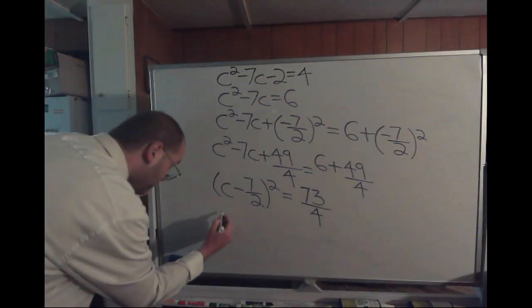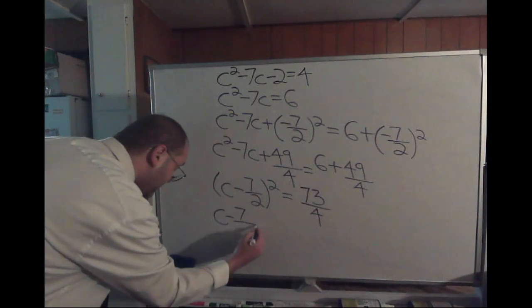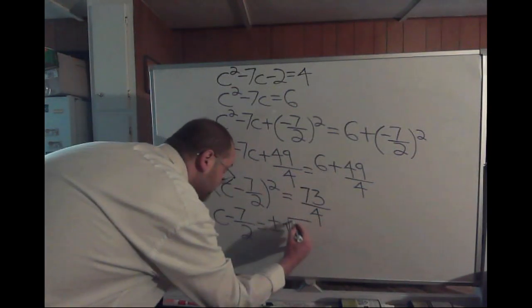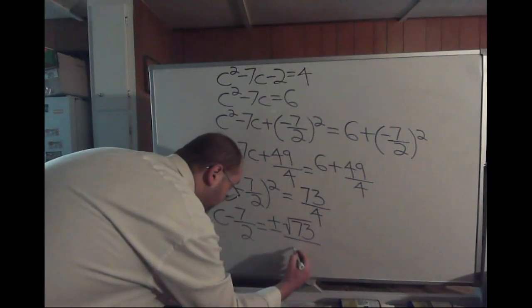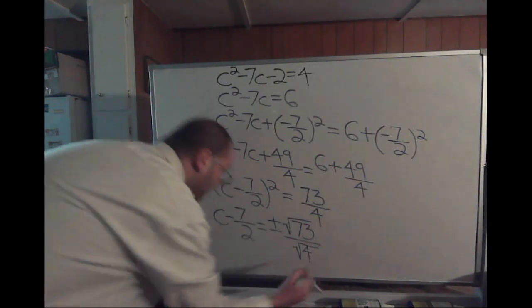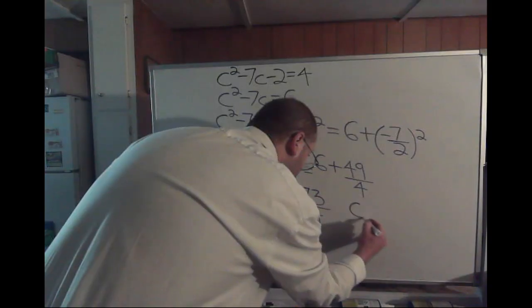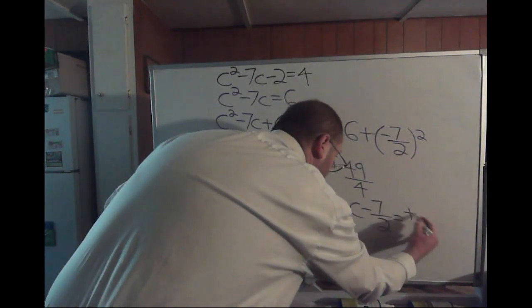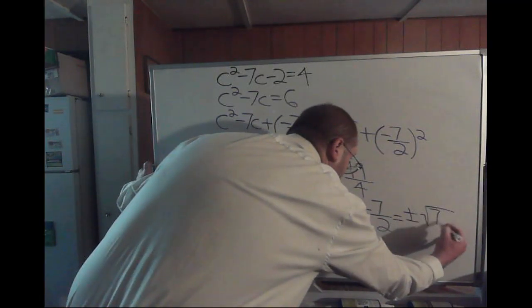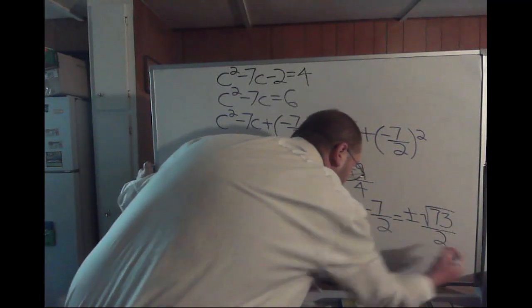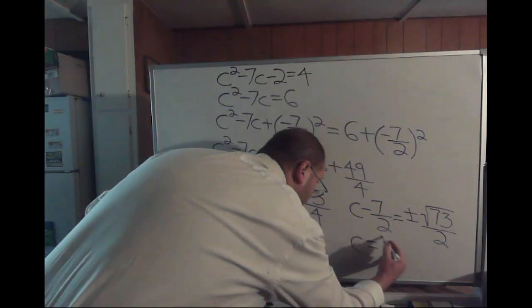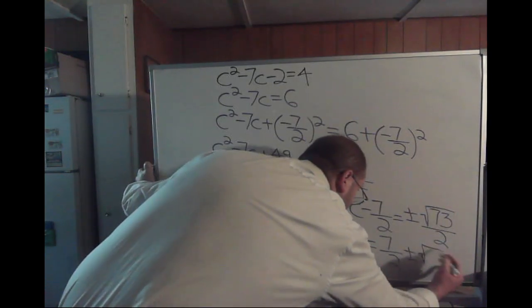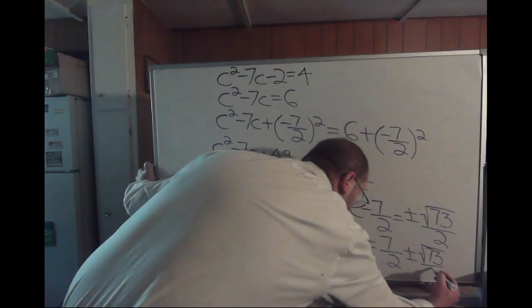Now take the square root of both sides, you would get c minus 7/2 is equal to plus and minus the square root of 73 over the square root of 4, which means c minus 7/2 equals plus and minus the square root of 73 all over 2. So finally, c equals 7/2 plus and minus the square root of 73 all over 2.